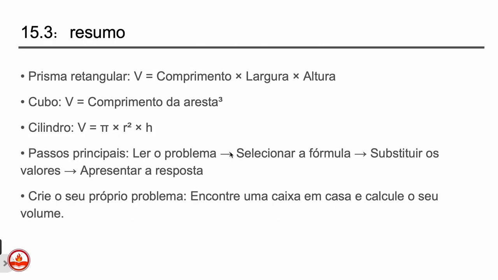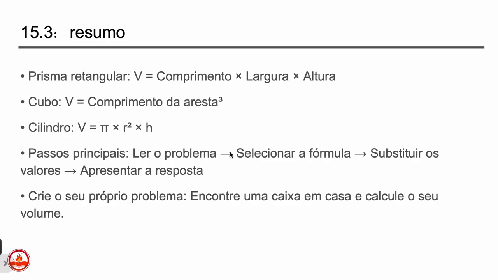Okay. Today we solved volume word problems. Remember the formulas. Rectangular box volume is equal to length times width times height, which is L times W times H. And the cube's volume is the side cubed.